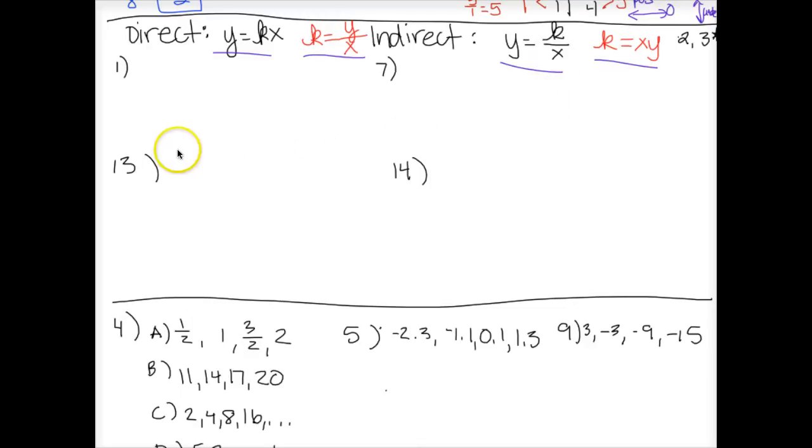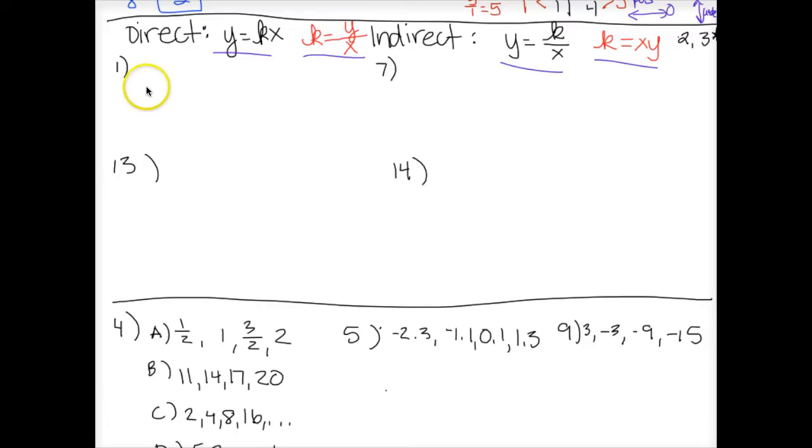All right, so if we look at just a few of the example problems that are in your review, number 1 says that the value of y varies directly as x, and when y equals 125, x equals 25. What is the value of y when x is 2?